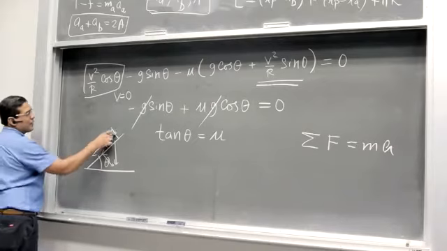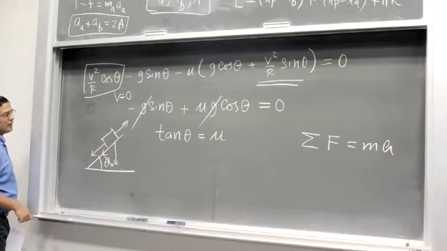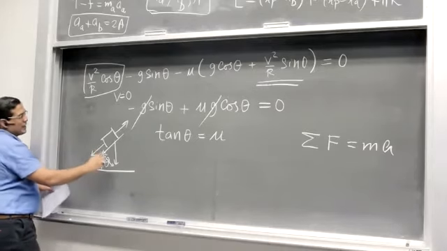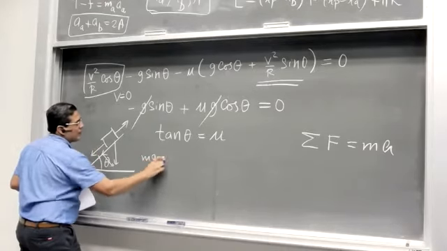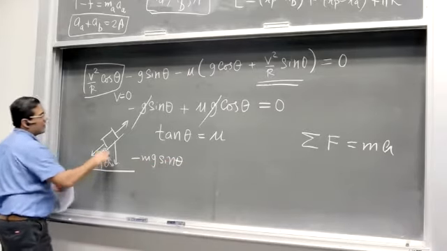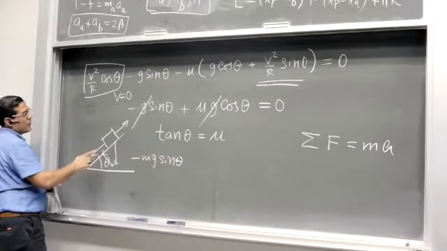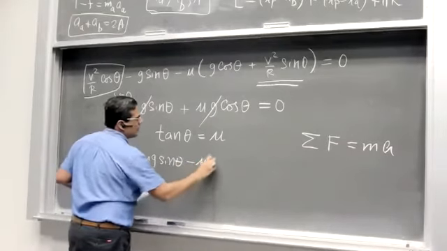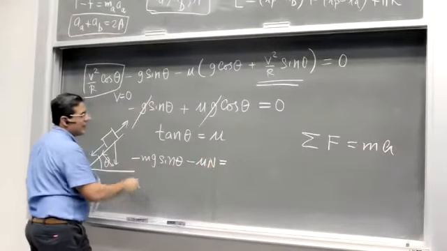Okay, the force of friction is acting in this direction. Okay, so what are the forces acting? Mg sine theta in the negative direction, if this is my coordinate system. How about the friction? Friction is in the positive direction, mu n, and for non-sliding it should be 0.